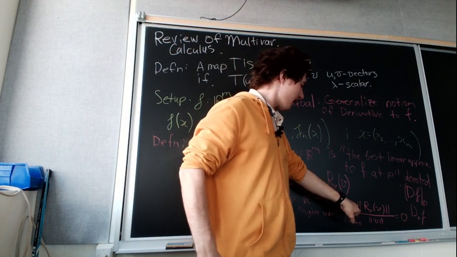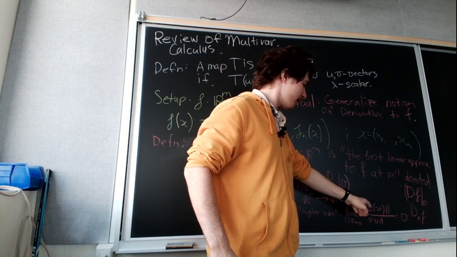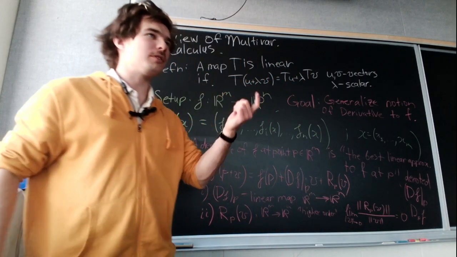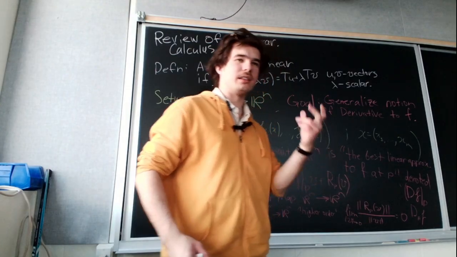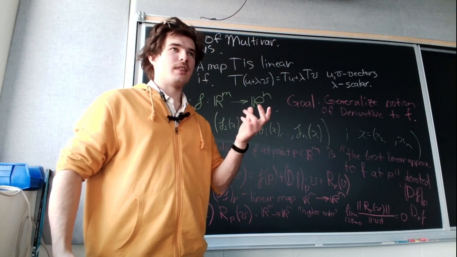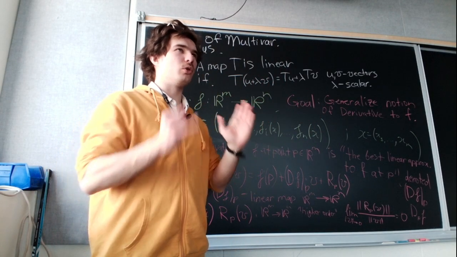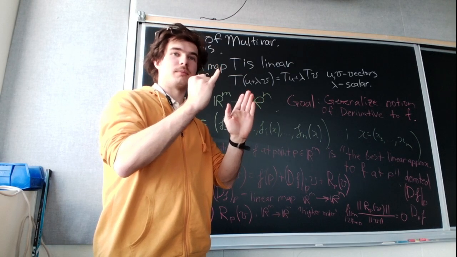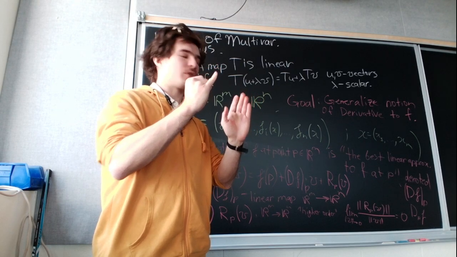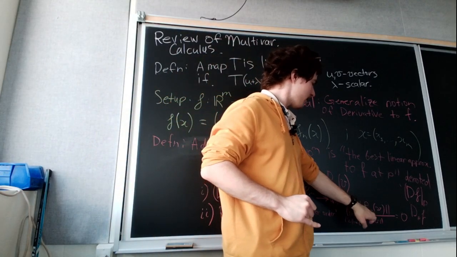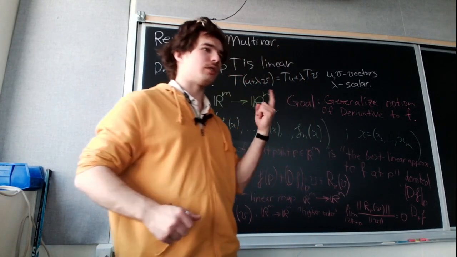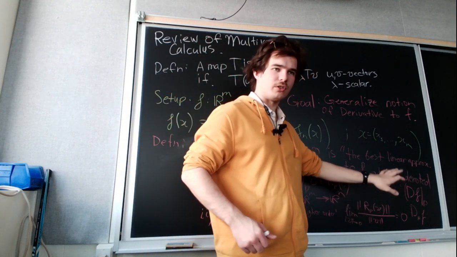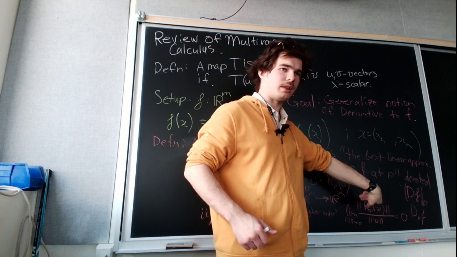Do you agree? Meaning that if I do Rp of v divided by v, that should go to 0 as v goes to 0. So if Rp had a linear piece, then this limit would go to something constant. If it had some constant piece, then this limit would diverge. Do people see roughly what it is?